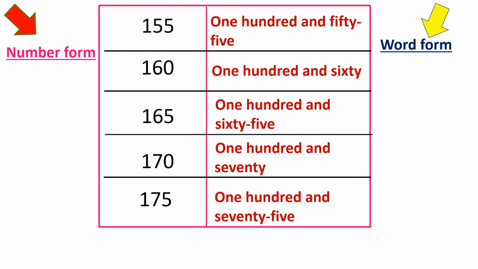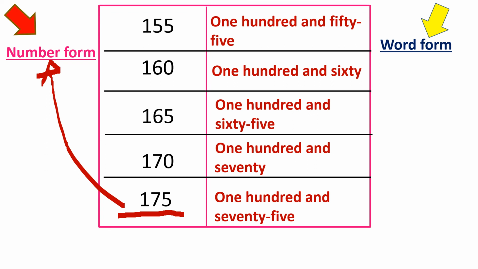As you can look at the screen, the number forms written here are 155, 160, 165, 170, and the last is 175. Students, these are what we call number form.